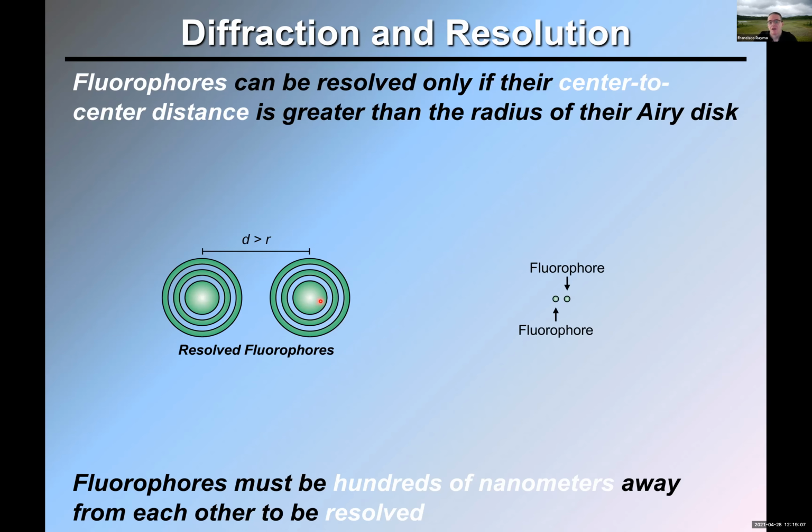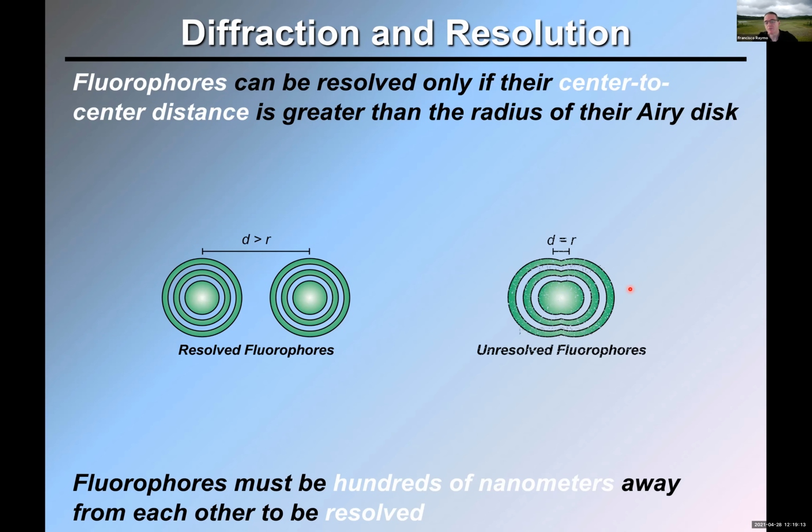But if the fluorophores are close to each other, it is not possible to distinguish one from the other because the microscope will see two overlapping patterns. And this is why the resolution of the images that I showed earlier is limited to the microscale.